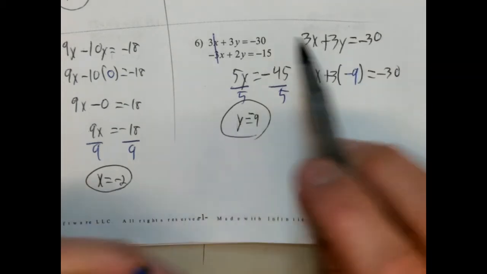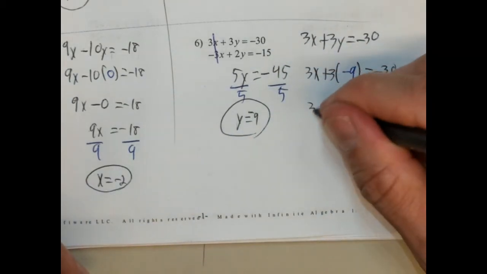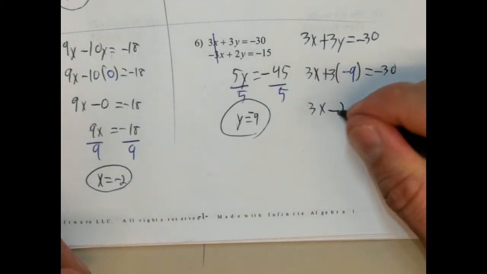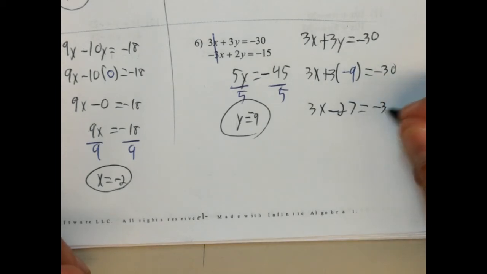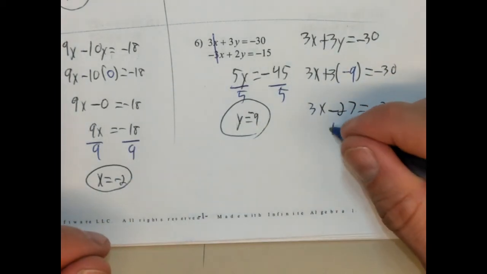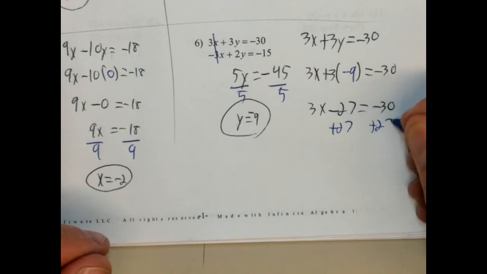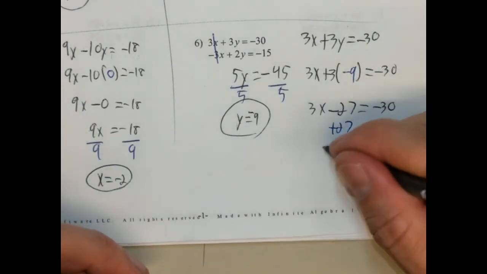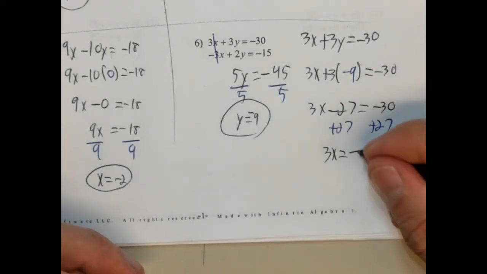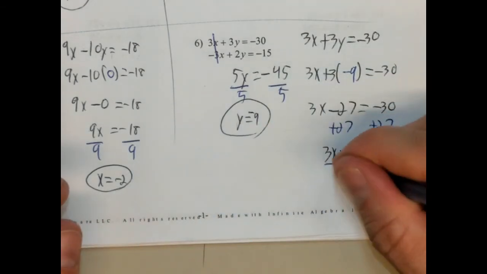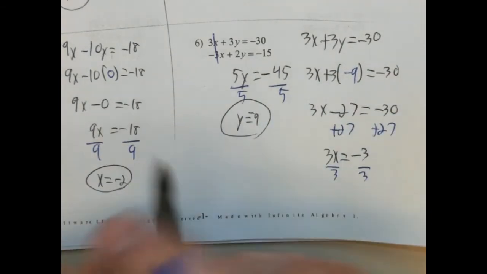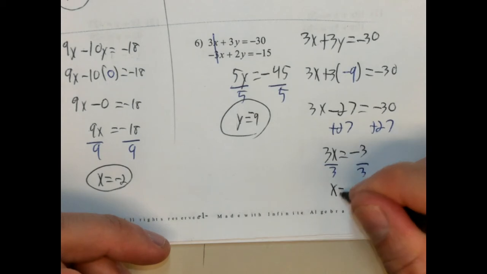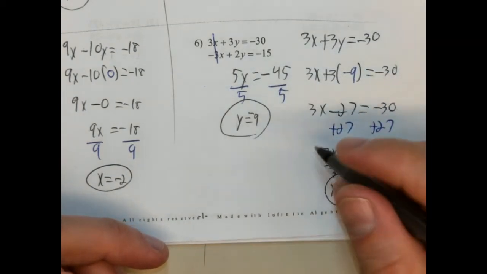So let's multiply those. So 3x, 3 times negative 9 is negative 27 equals negative 30. Let's get rid of our constant, which is negative 27, so let's add 27 to both sides. So 3x equals negative 3. Divide both sides by our coefficient, which is 3. X is equal to negative 1. So negative 1 comma negative 9.